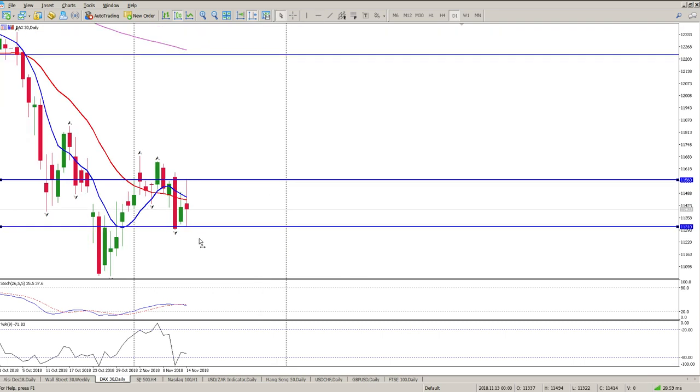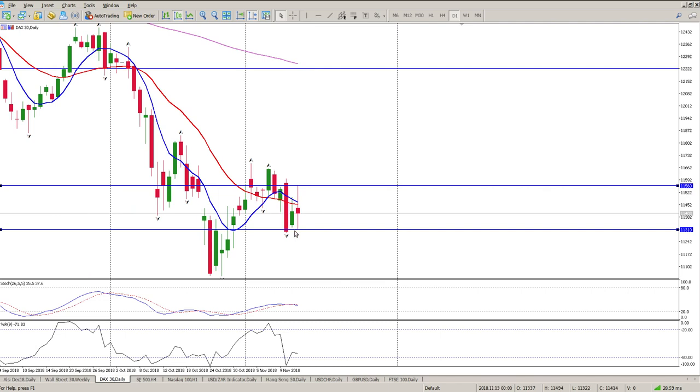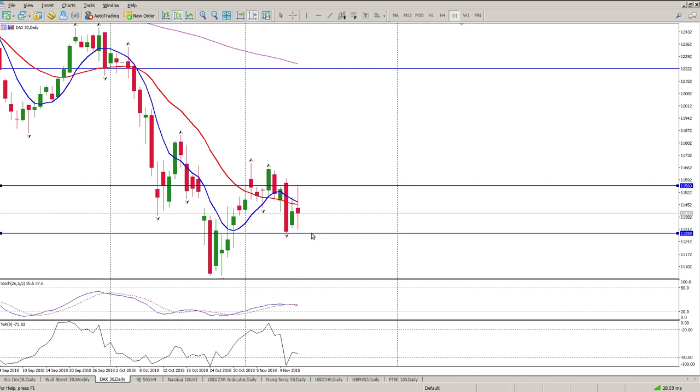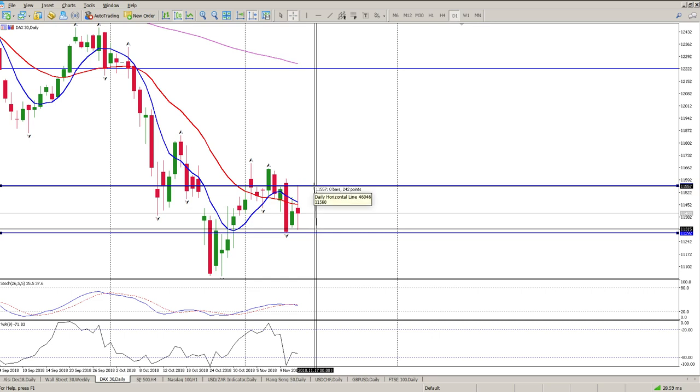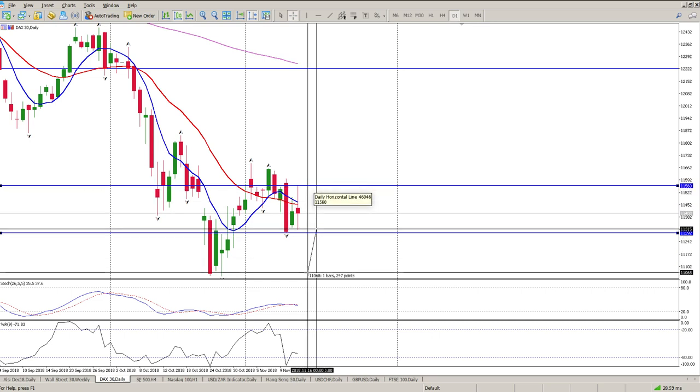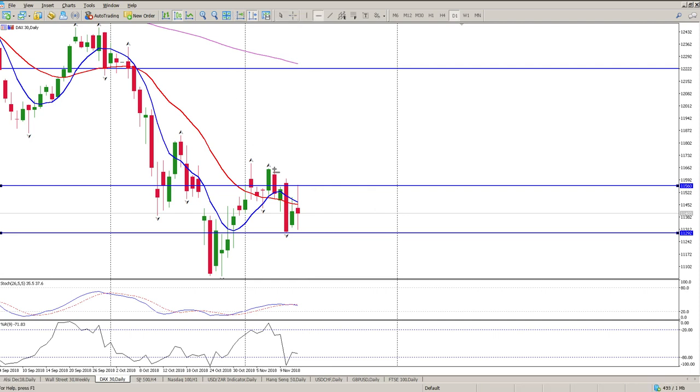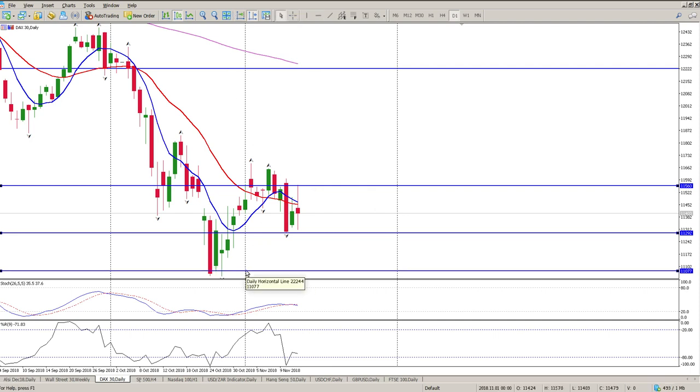If we do break this range bar to the downside, in other words, we do get a daily close below this daily fractal here, which is 11,292, you can pretty much expect us to target the previous lows here, and I would be aiming for 11,080. So that's if we get a daily close.